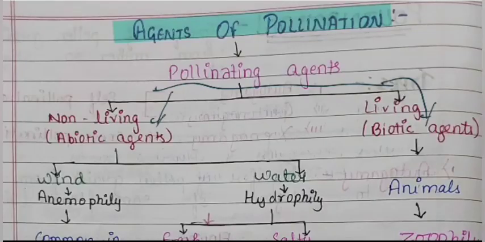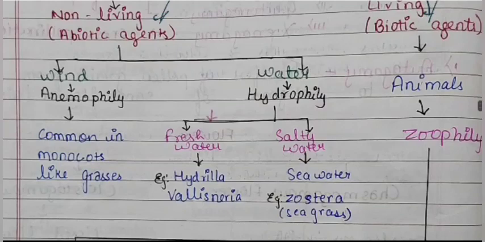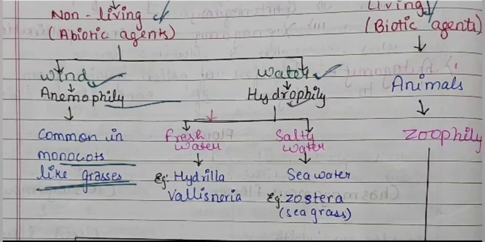Now, pollinating agents can be abiotic agents or biotic agents. Abiotic agents can be wind or water. Wind pollination is known as anemophily, which is common in monocots like grass, whereas in the case of water it is known as hydrophily, which is common in Hydrilla and seagrass.